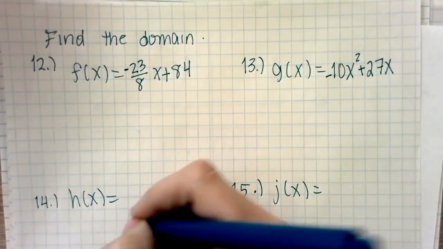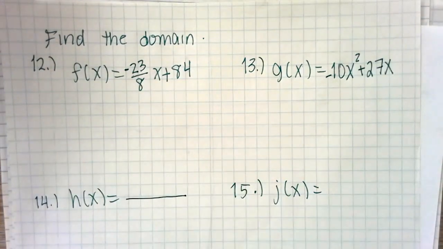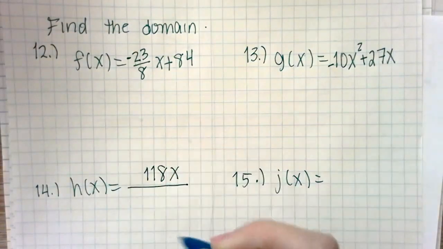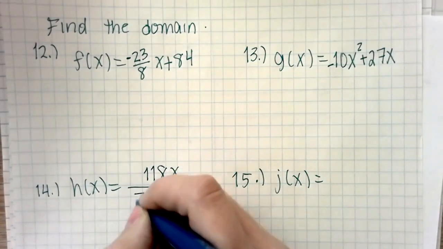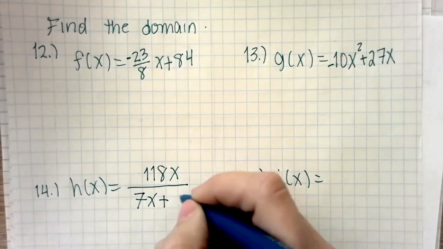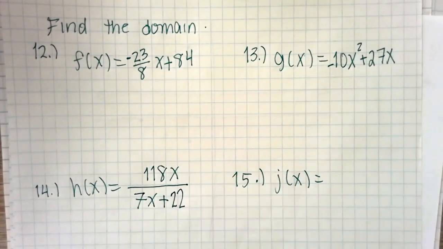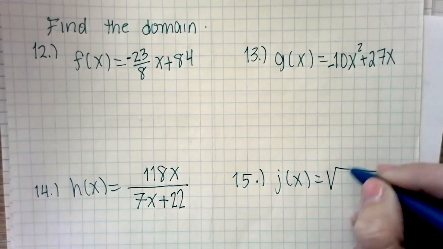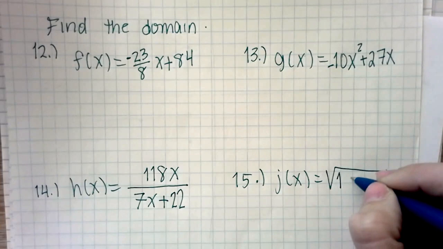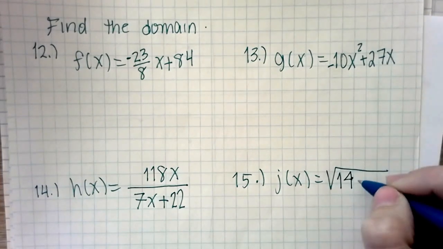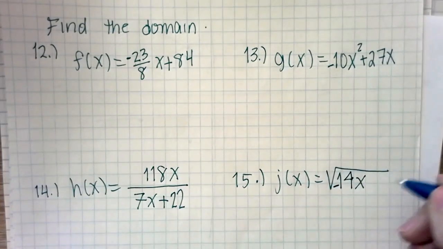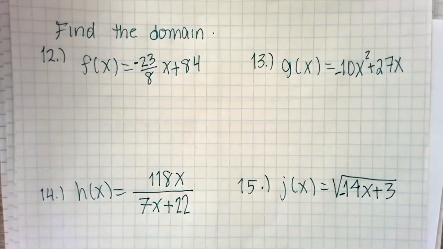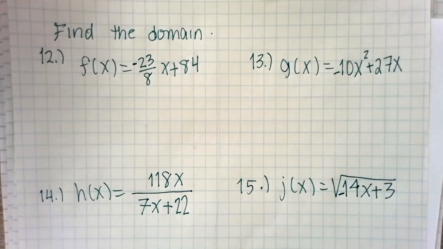What if I gave you 118x over 7x plus 22? And then what if I gave you 100 something, negative 14x plus 3 underneath the square root. Find the domain, interval notation. There we go. 15 questions.